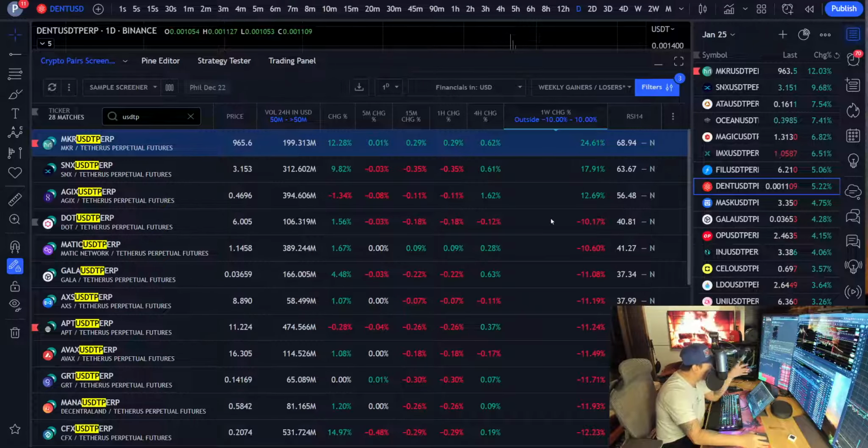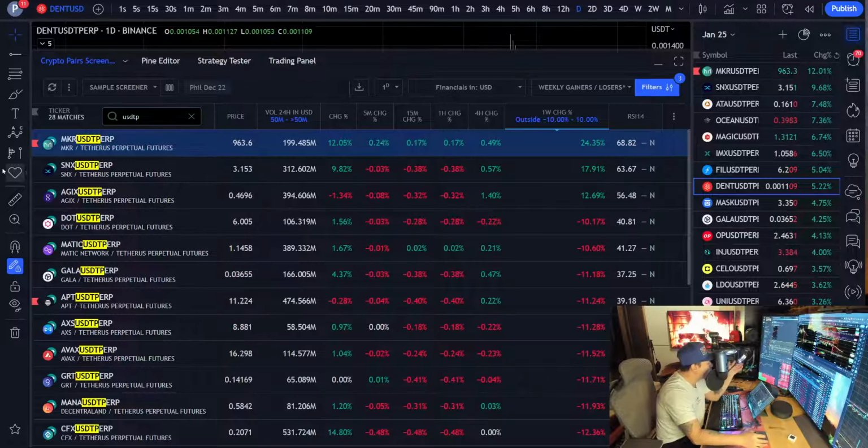So we can only assume that there's only a rare amount of coins that are actually going against what Bitcoin is doing. And those are the coins that you probably want to focus on trading, the ones that are going against the grain. It's really difficult right now to try to catch a falling knife. If you try to do that, you're just going to end up getting burned.